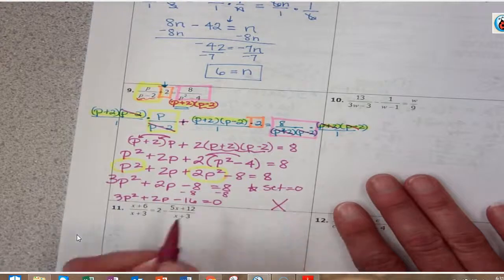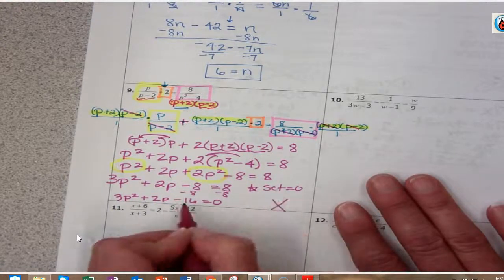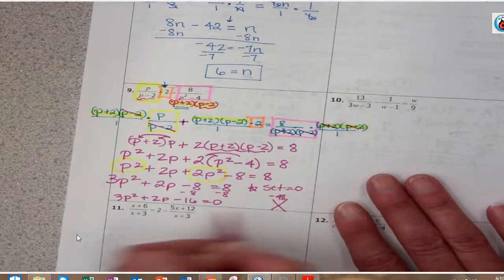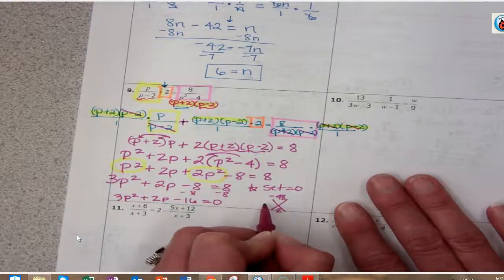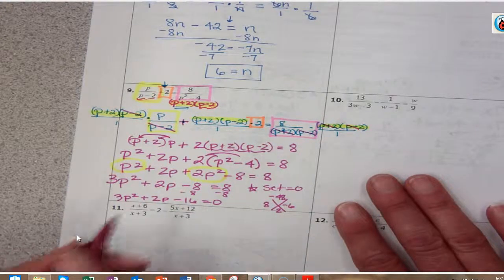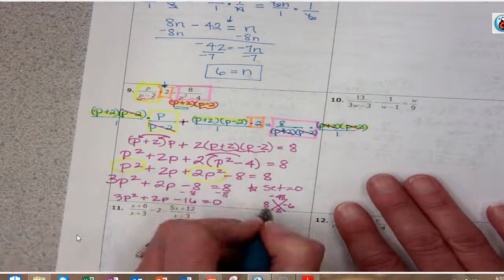Now I can do my x. Negative 16 times 3 is negative 48. To get 2, I know this is going to be 8 and negative 6. Divide by 3.